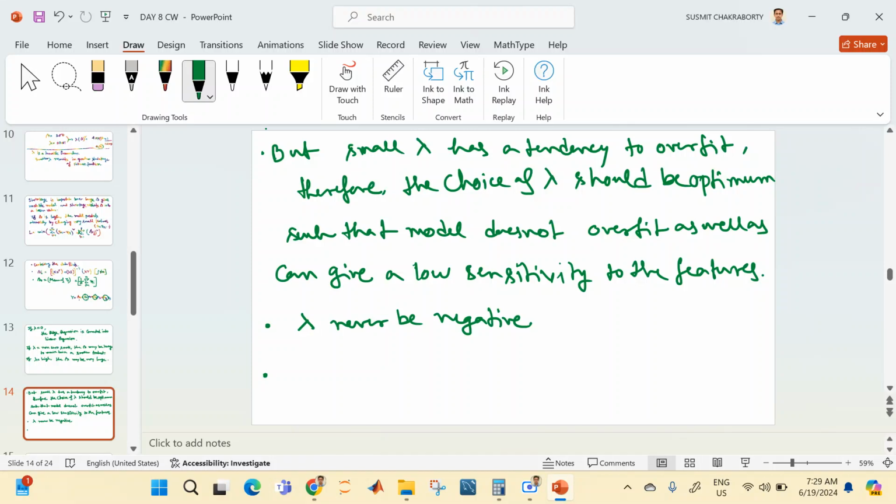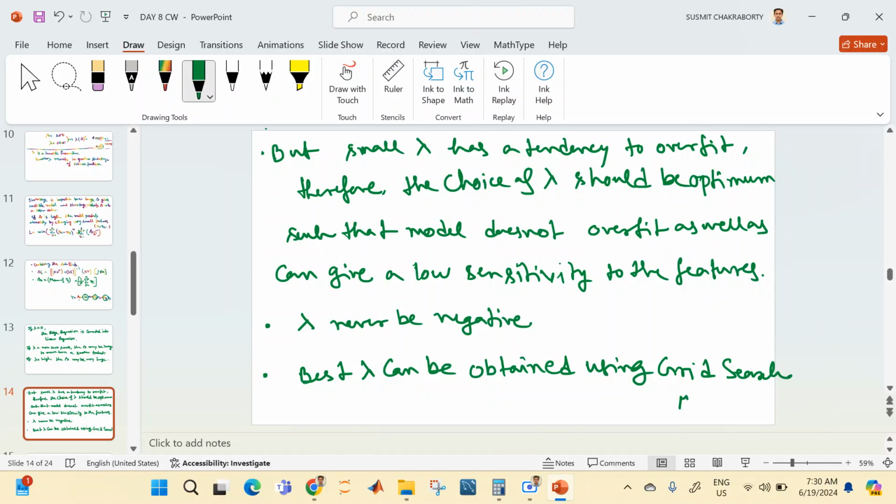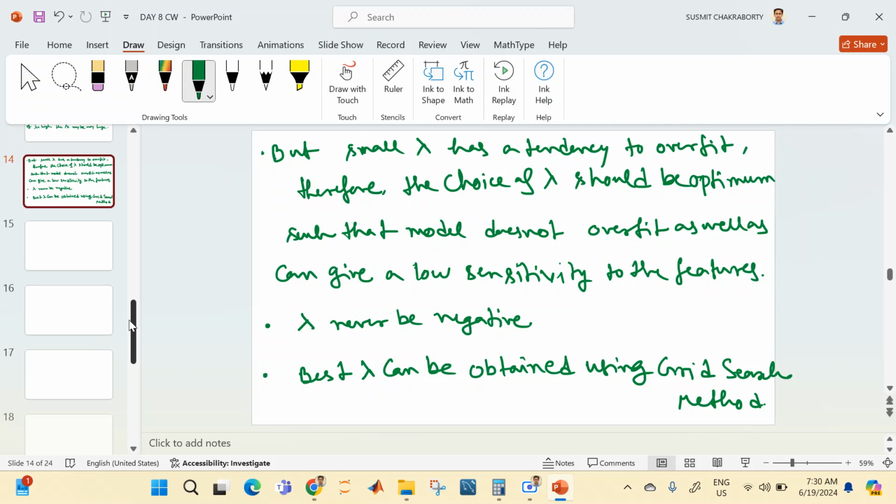So how to find, how to take the lambda? There is a method. I am writing: best lambda can be obtained using grid search method. So what is grid search method?